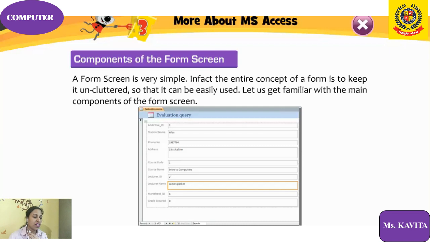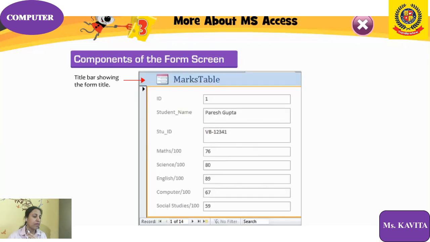The form screen is very simple. The entire concept of a form is to keep it uncluttered, so that it can be easily used. First one, the title bar showing the form title. Second, the caption labels, which are field names that describe the data entered in the text box.